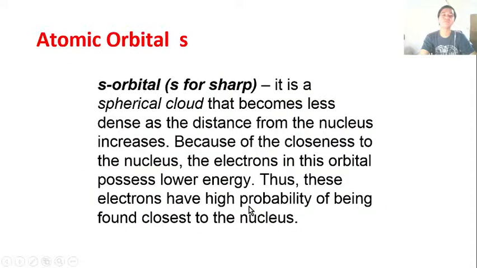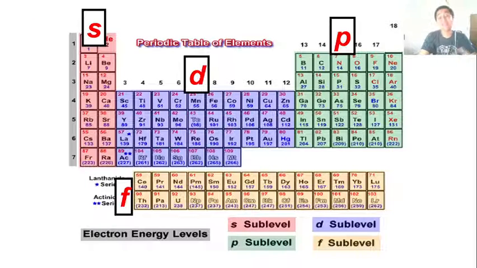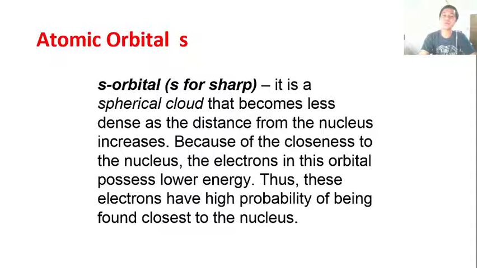Okay, now because we said that azimuthal describes the shape of the orbital, let's start with orbital S. So why is it called S? Because S is for sharp. The atomic orbital S has a spherical cloud, so the shape of that orbital is spherical.